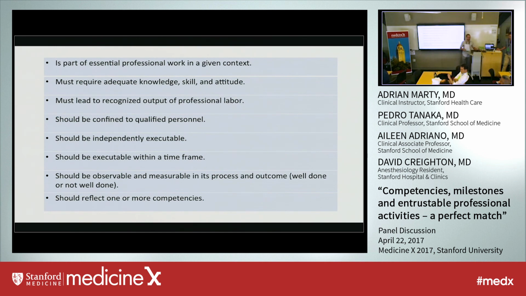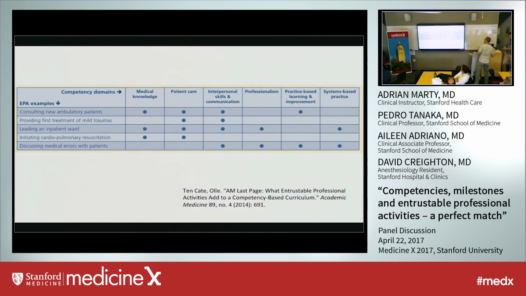The next thing is that we try to make sense of milestones and EPAs and how they match. So one grid usually used, which Ole actually sometimes shows in his slides, has the EPAs here. These are just sample EPAs, and then you have the core domains of the milestones mapped to this EPA.